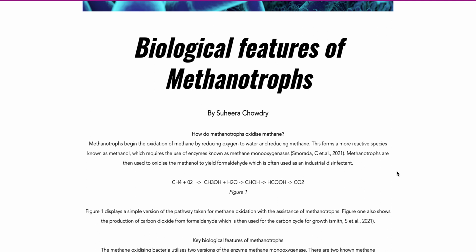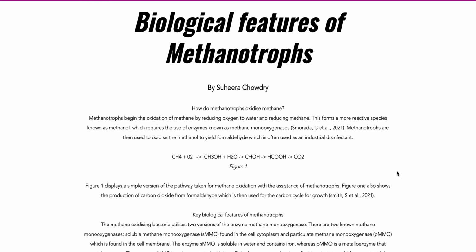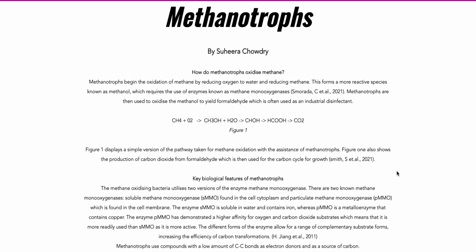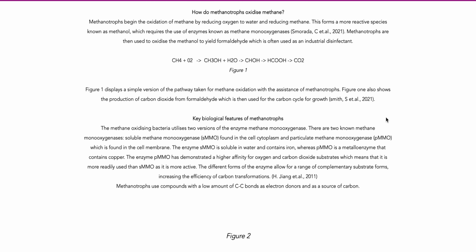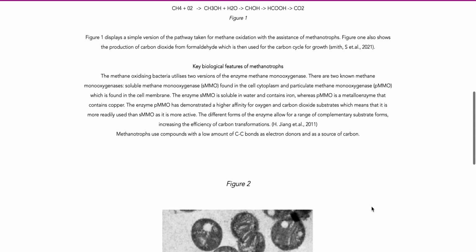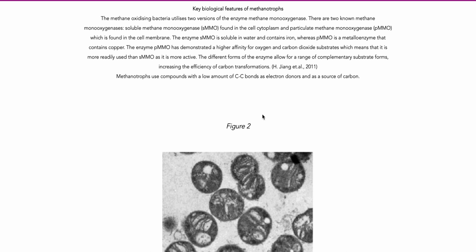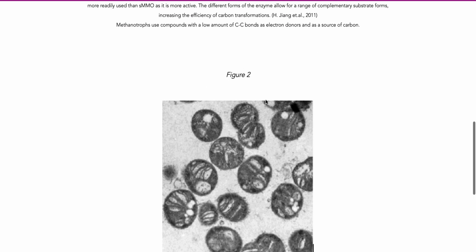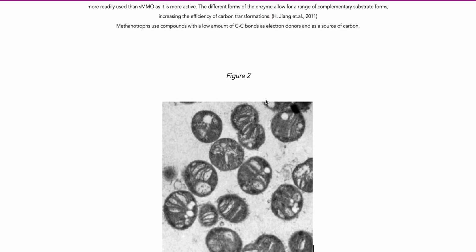But it is just a general oxidation to an alcohol, so methane would be oxidized to methanol, and of course that's helped by the presence of an enzyme called methane monooxygenase, which of course helps to catalyze this reaction, and it's done by allowing the C-H bond to act as an electron donor and a source of carbon, and of course using the oxygen as an electron acceptor.